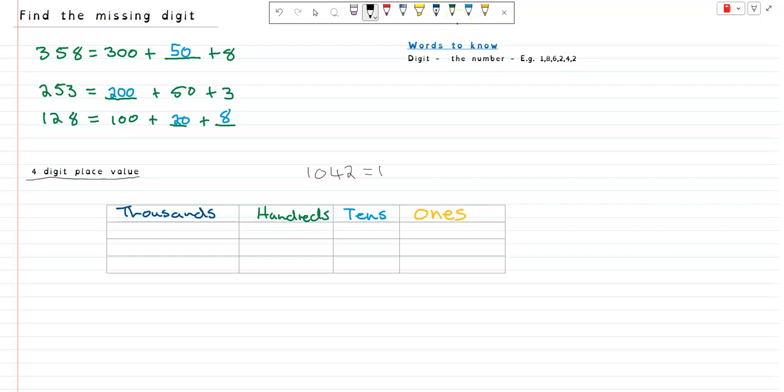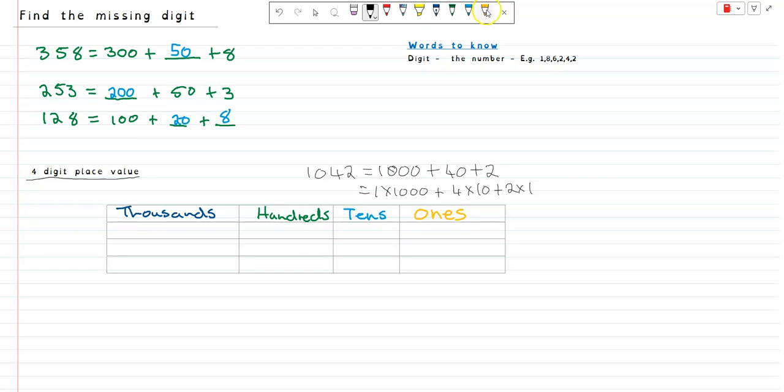We have 1,000 plus 40 plus 2, or 1 times 1,000 plus 4 times 10 plus 2 times 1. And if we add all of that together, sorry, what you can hear in the background is Chucky, my dog, dreaming. So what you find in the end is 1042.